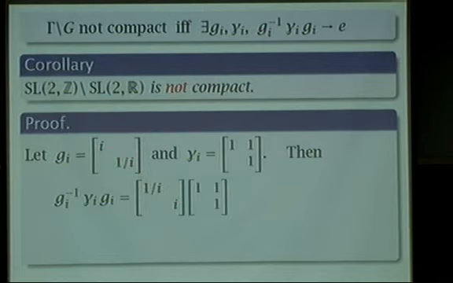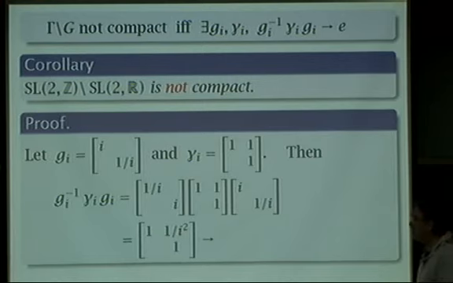Then we have gamma_i given there, and g_i also given there. So it's g_i inverse, gamma_i, g_i. If you multiply these out, just believe me or do it right now. If you don't have anything else to do, just go ahead and multiply these three matrices. I think I got it right. Okay, I'm pretty sure I got that right.